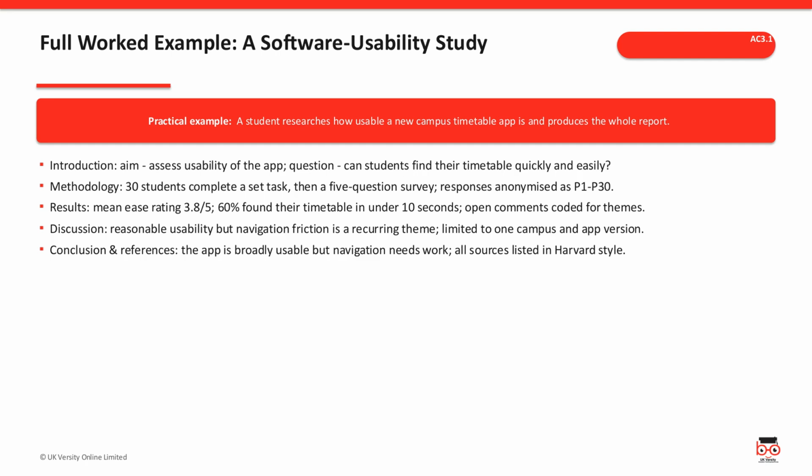The results give a mean ease rating of 3.8 out of 5, with 60% finding their timetable in under 10 seconds, and the open comments coded for themes. The discussion concludes, usability is reasonable, but navigation friction keeps recurring. Limited to one campus and app version, and every source is listed in Harvard style.